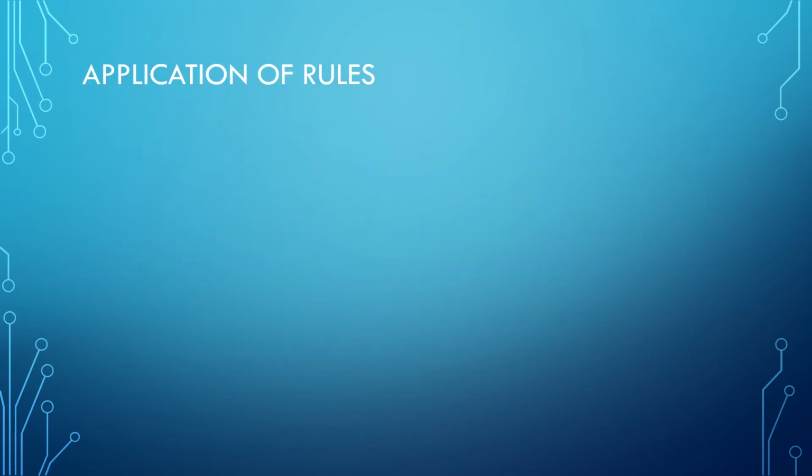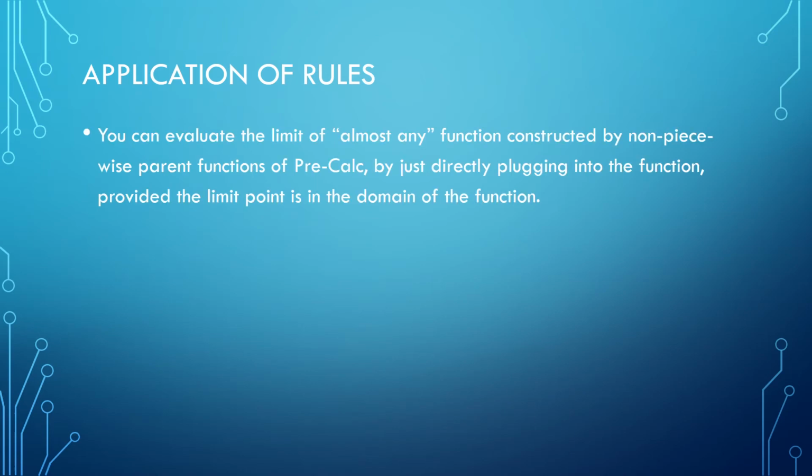So now that we've seen all the rules, let's look at how we're going to use them to actually calculate some limits. The first rule is the almost any point rule. The first application is what I already mentioned in the slide explaining the rules.